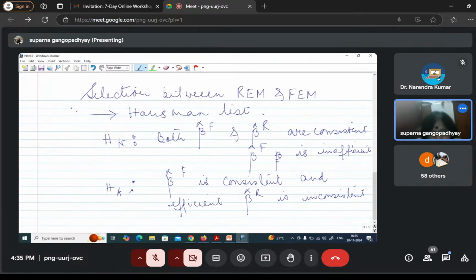That means here we are actually testing the null hypothesis that random effects are consistent and efficient against the alternative that random effects are inconsistent. The fixed effect is always consistent, in both cases.